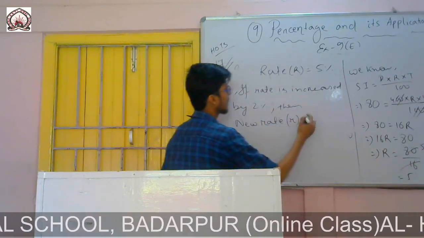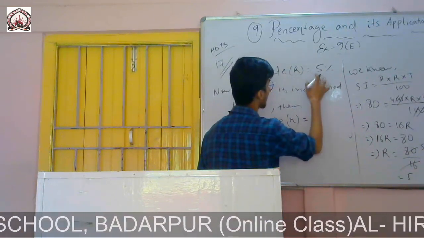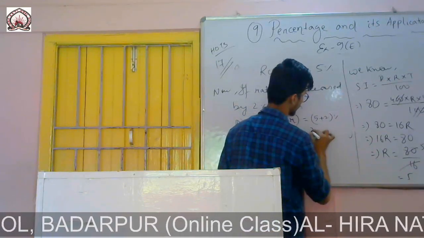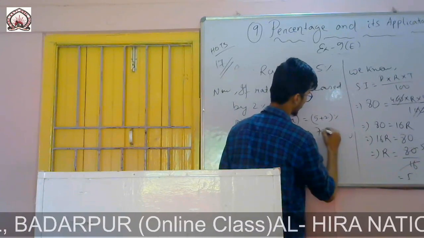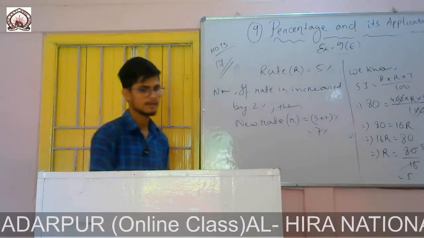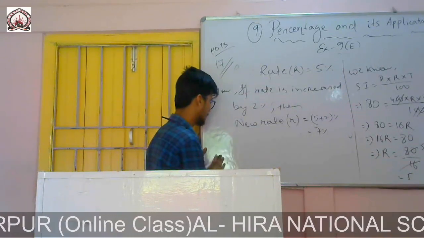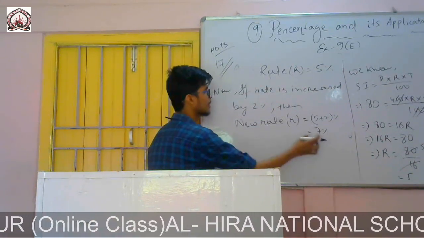So the new rate r is 5 plus 2, which is 7%. Now I will find it one by one. The question is to find the amount at a rate of 7%.